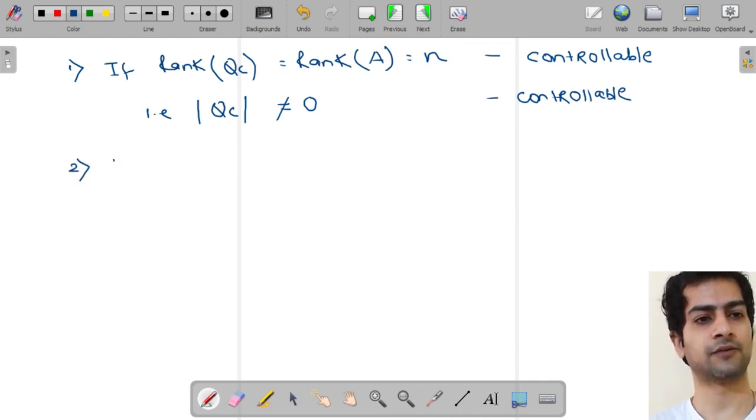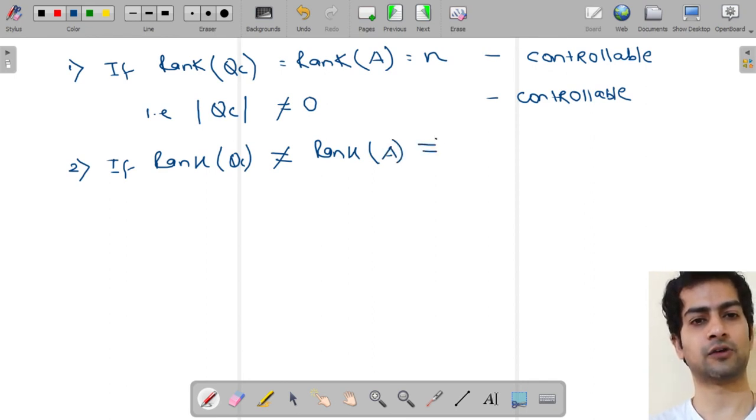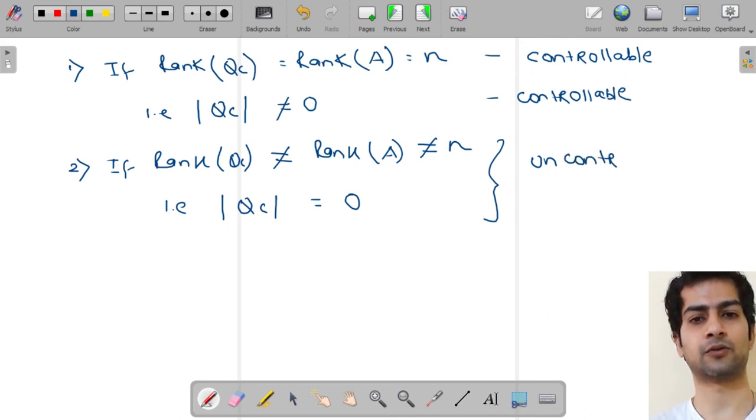That is, if rank of QC is not equal to rank of A is not equal to n, and that is if mod of QC is equal to 0, then our system is said to be uncontrollable.